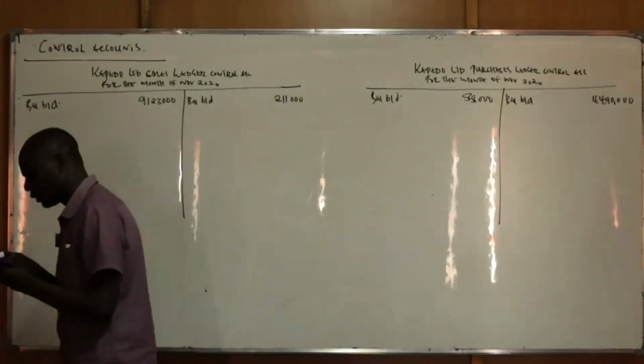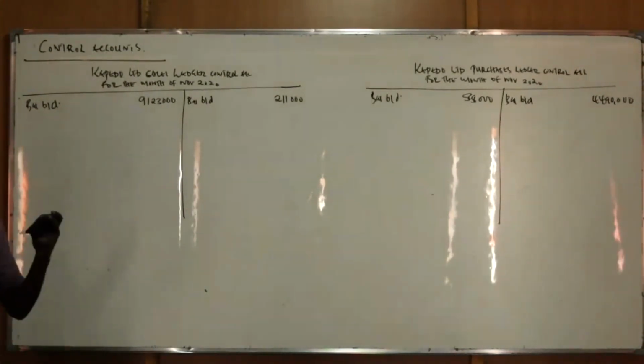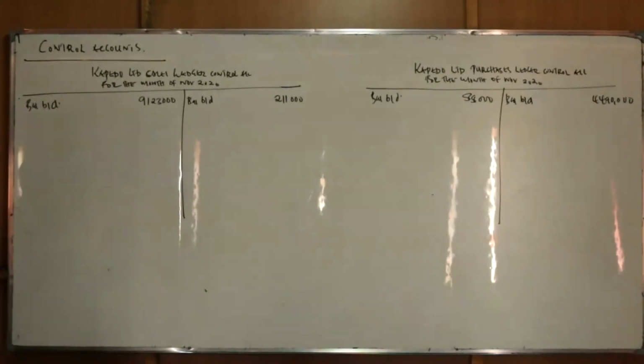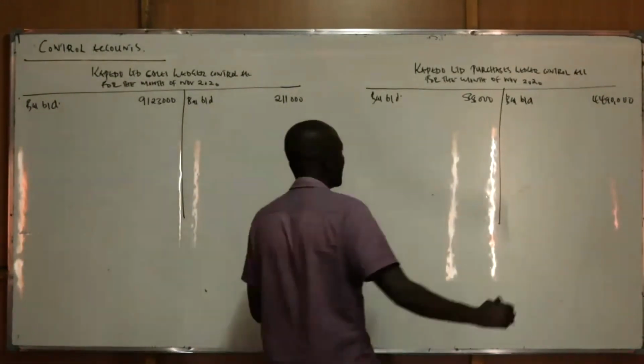Now we go to the transactions that occurred during the period, during November. The first transaction was purchases on credit. They made credit purchases. So where do you post in the control accounts? Credit purchases. We post on the credit side here, isn't it?